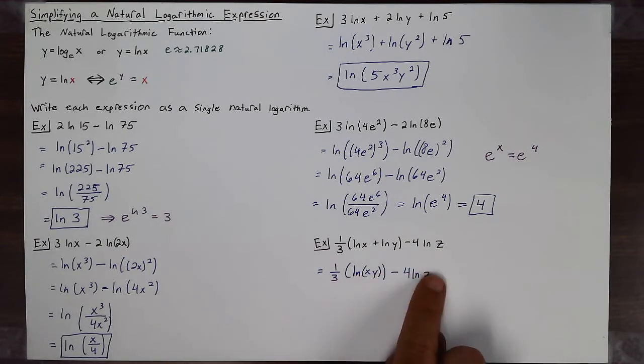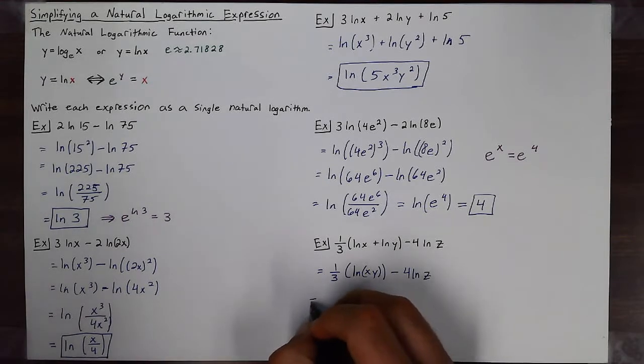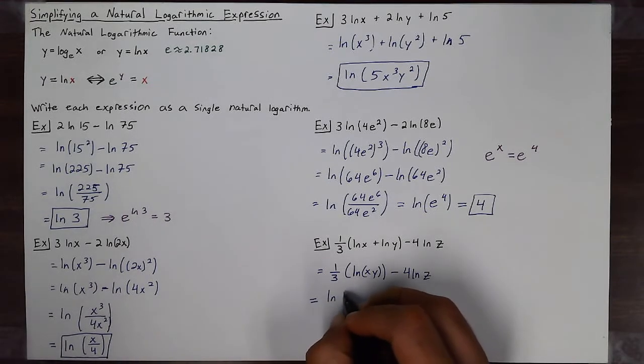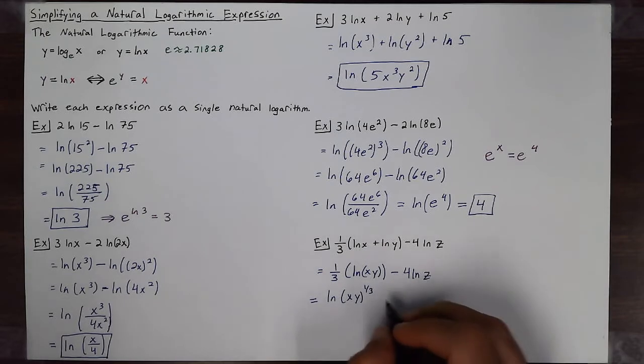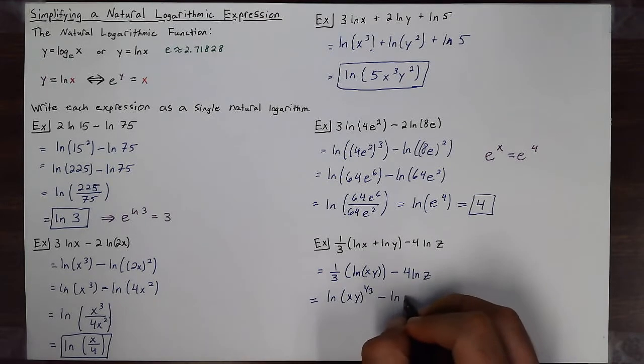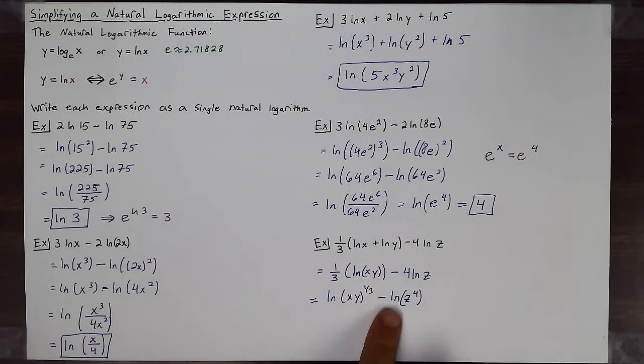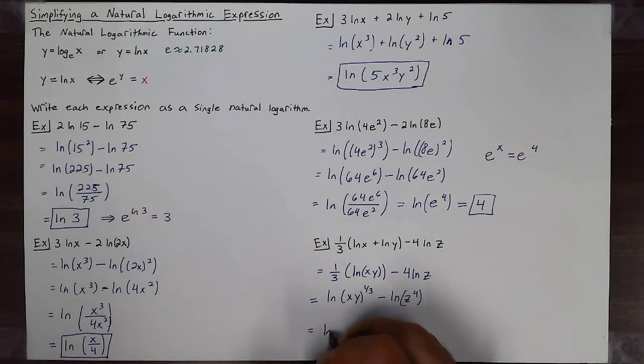That can become an exponent within the logarithm. So I'll have natural log of xy to the 1/3 minus the natural log of z to the 4th. Now they're being subtracted, so I can combine them into one, giving me natural log of, in my numerator, xy to the 1/3, and in my denominator, z to the 4th.